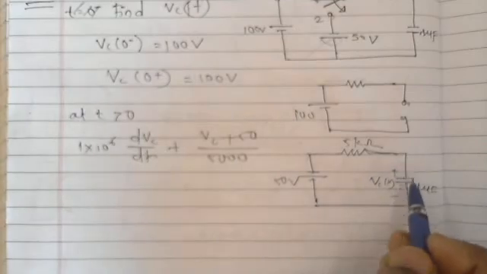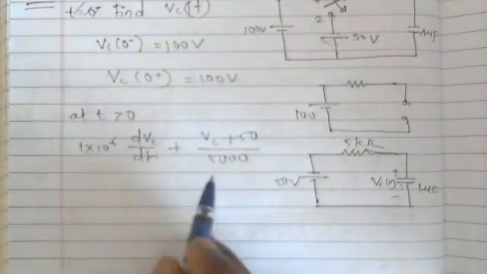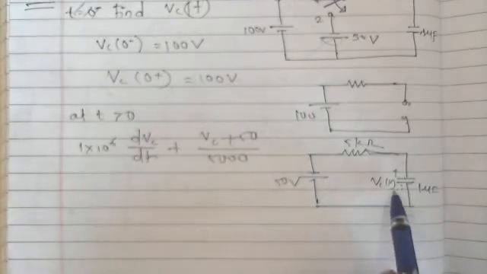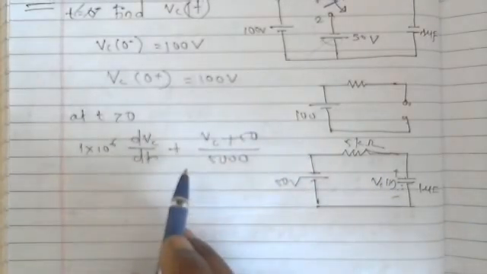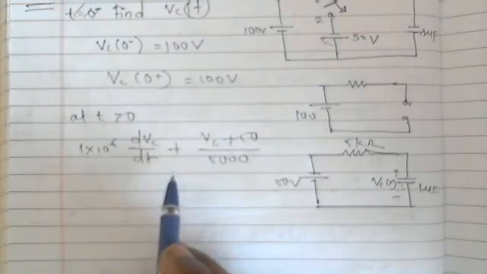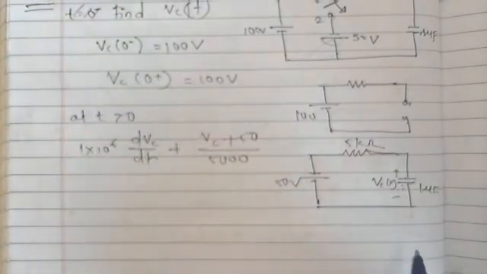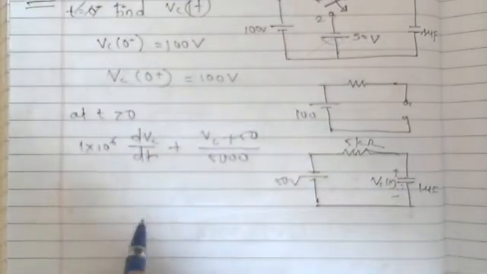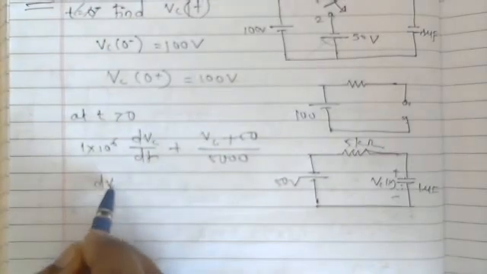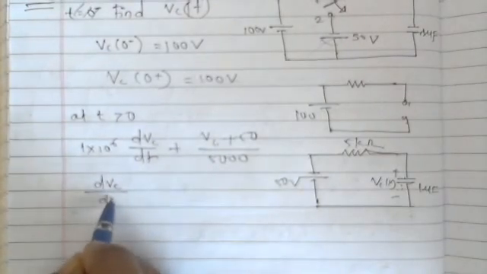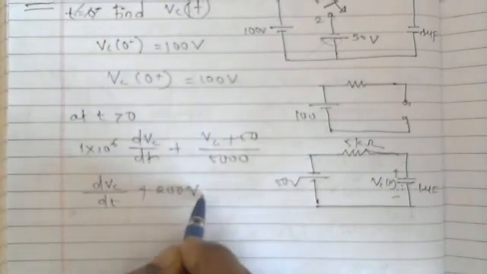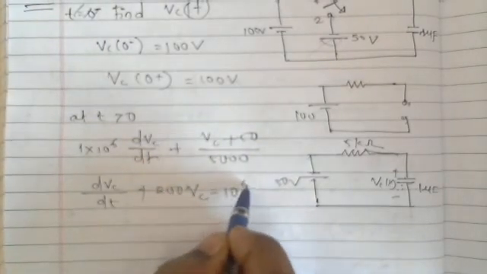We got this particular equation, right? Now we can assume this as a voltage source in series with the capacitor also. Please understand this carefully. If I rearrange this equation, it becomes dVc by dt plus 200 Vc equal to 10 raised to 4.